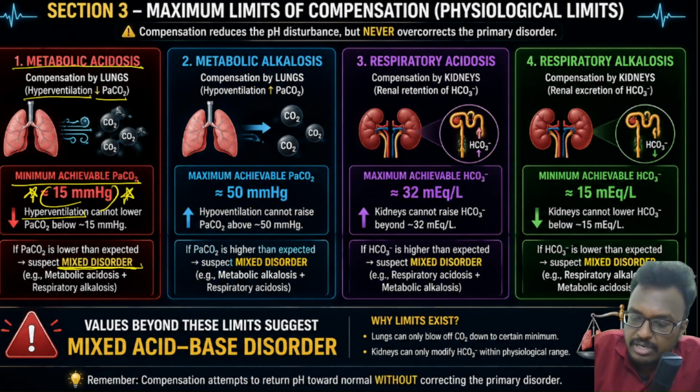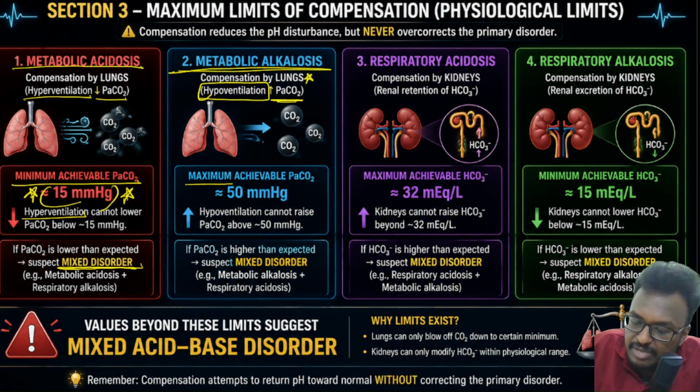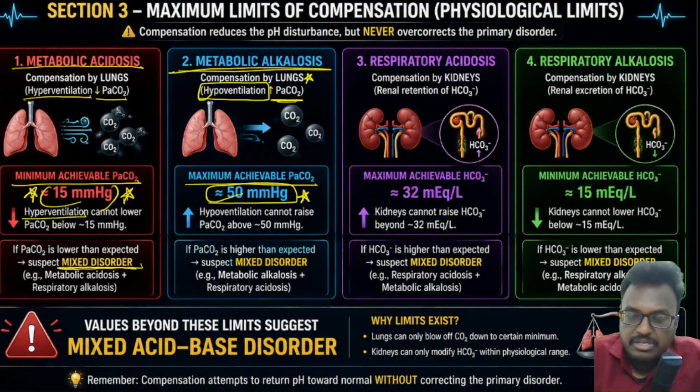Now coming to metabolic alkalosis, here also the compensation is by the lungs. Hypoventilation, by decreasing the respiratory rate, increases the PaCO2. But there is a limit to how much the PaCO2 level can be increased. The maximum achievable PaCO2 via hypoventilation is 50 millimeters of mercury.